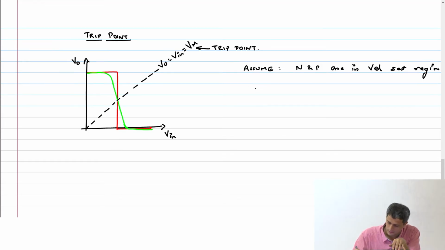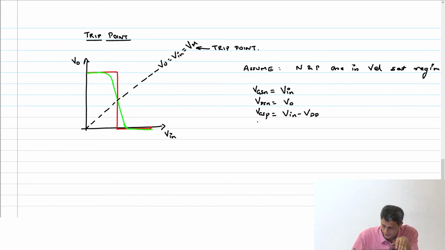So what is VGSN at this point? Let me write it out explicitly again. This is V in, VDSN equal to V out, VGSP equals V in minus VDD. Please get used to this.